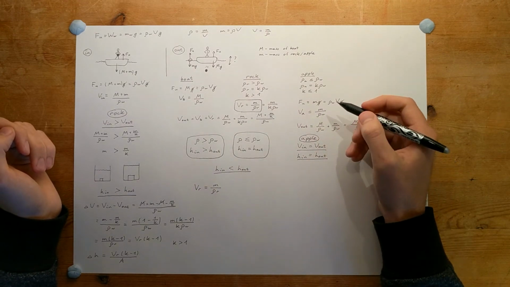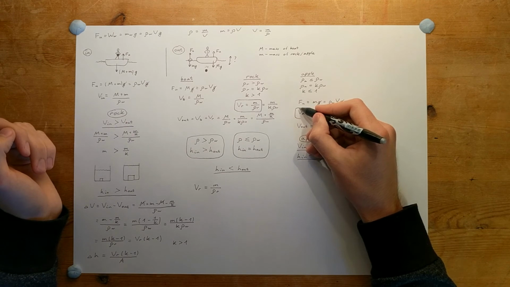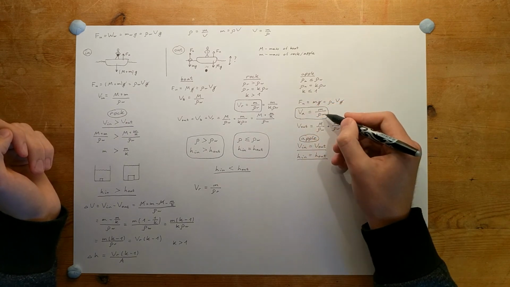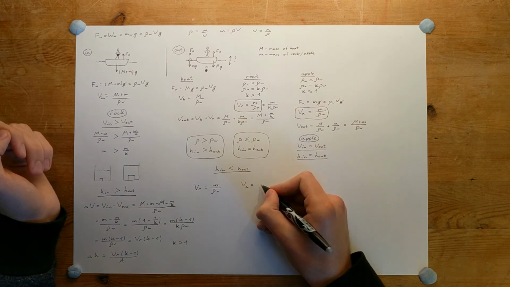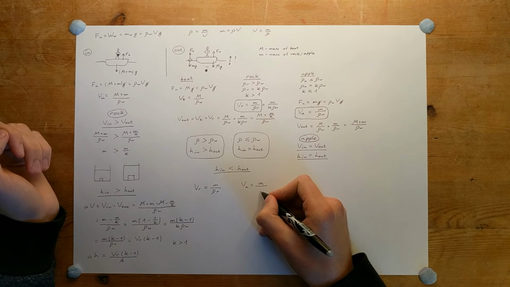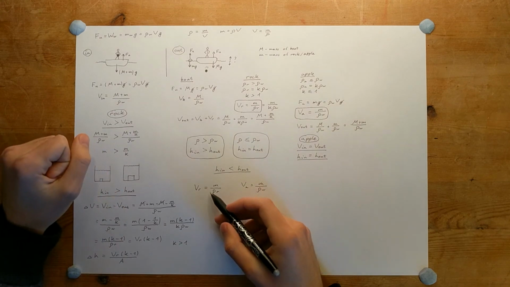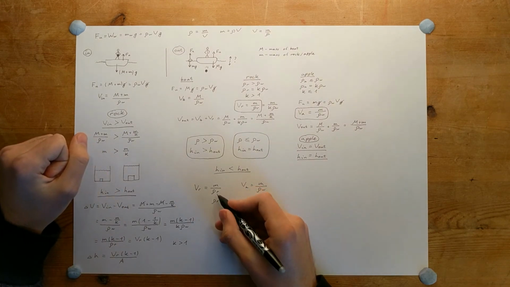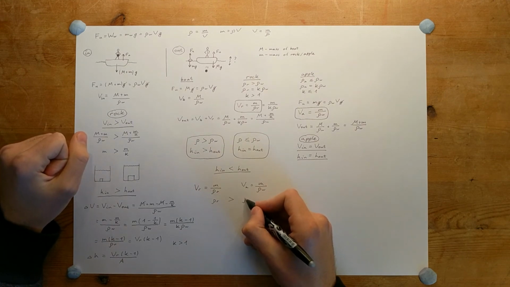And if the density is less than or equal to the density of water, then the volume of water displaced is given by this formula, which is the mass, the same mass, but divided by the density of water. And we know that this is true when the density of rock is greater than the density of water.